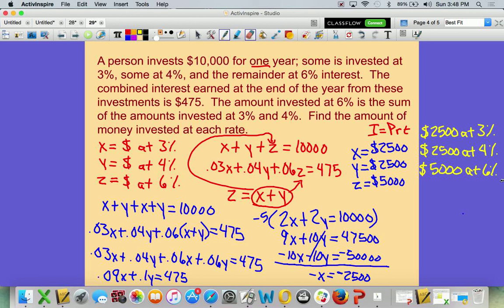Alright, make sure that you do that last step. That is very, very important, so we know what these answers actually stand for. This tells us they put 2,500 in the 3%, in the 4%, and the 5,000 in the 6%. Very important information there to show.